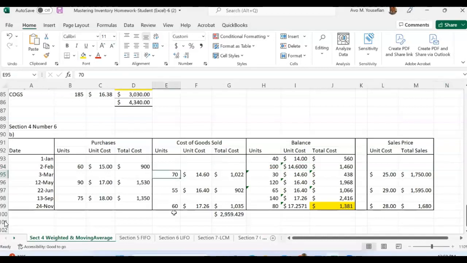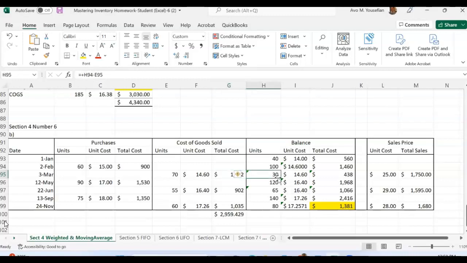Then we sold 70 units. 70 units times $25. That's the sales price. 70 units times average cost gives us 1,022. So the average cost is this, multiplied by 70. That's $1,022 cost of goods sold, and that's the formula.